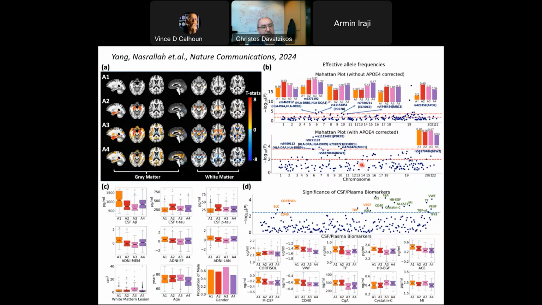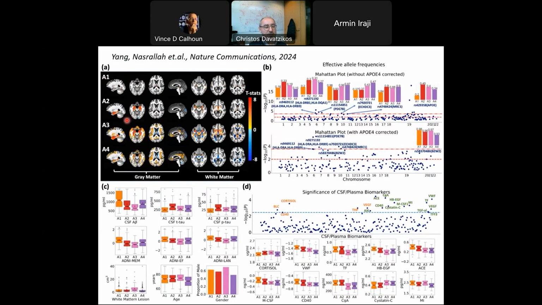Again, in terms of the results, looking at ADNI, we found essentially 4 endophenotypes. One is essentially associated with very normal brain structure. This is gray matter density maps and white matter density maps.